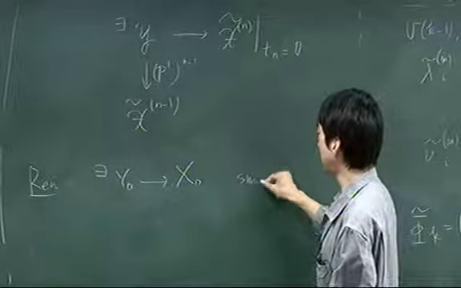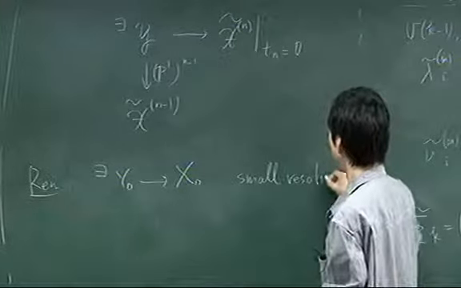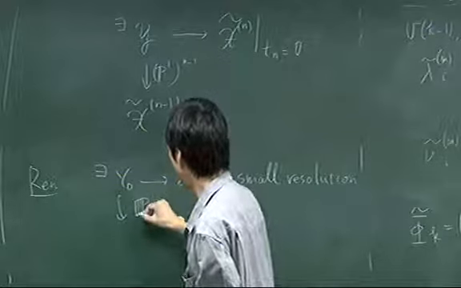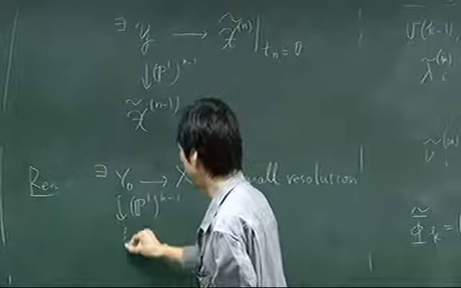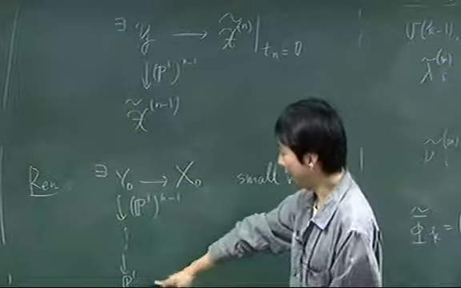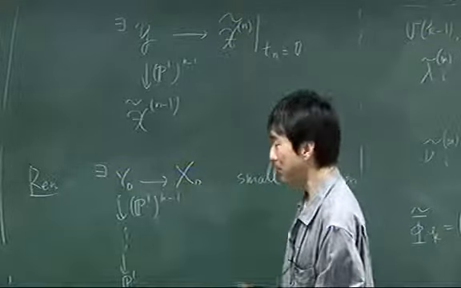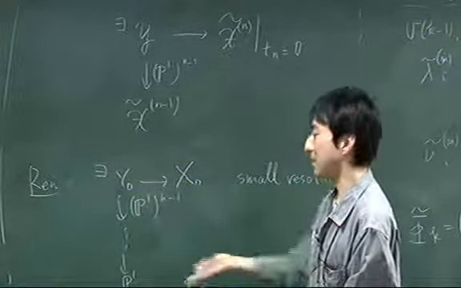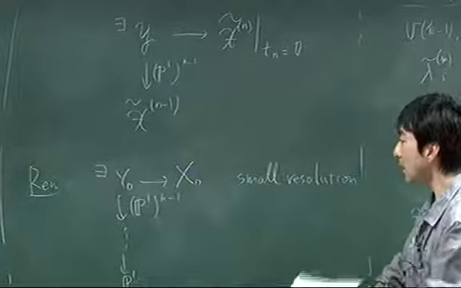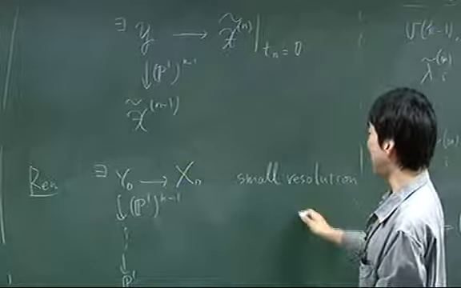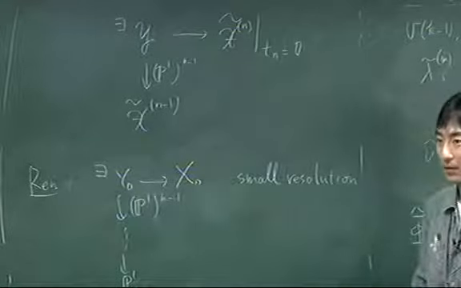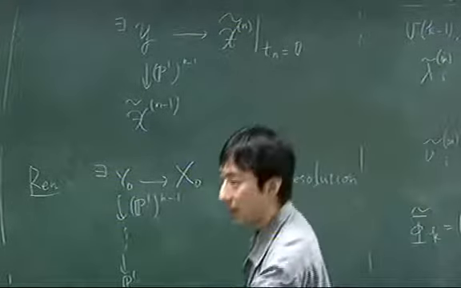This is a small resolution, such that it has the structure of P1 to the n-1, an iterated fibration over P1. This is the same as the small resolution constructed in your paper. And the existence of a small resolution is very important for the counting problem. I'll stop here.